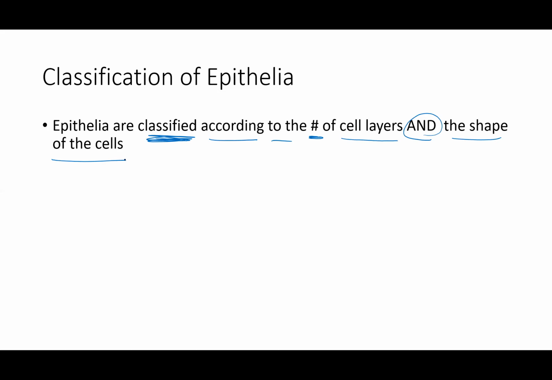So how many layers? Is it one layer, or two layers or more? And is it shaped kind of like a fish scale? Is it shaped like a cube? Is it shaped like a column? They're named after the number of cell layers and the shape of the cell.